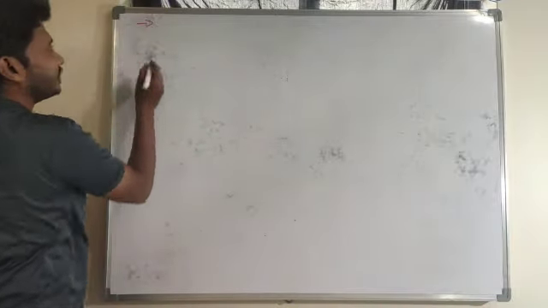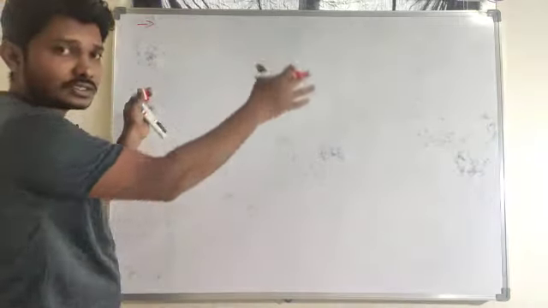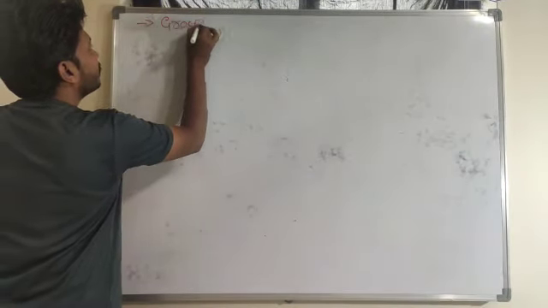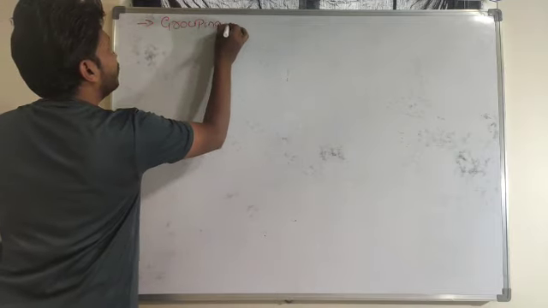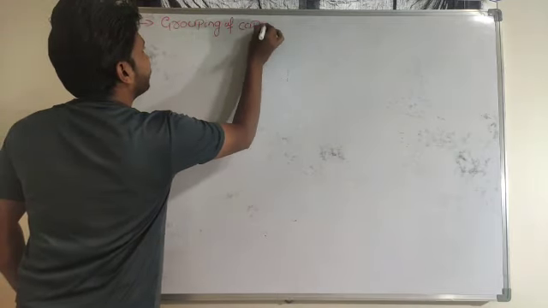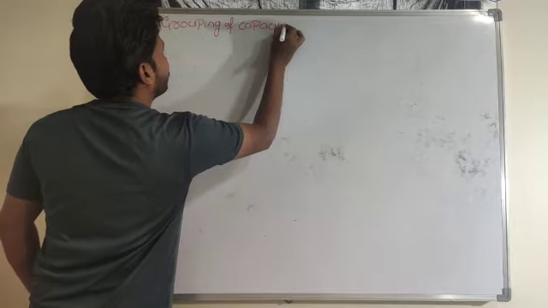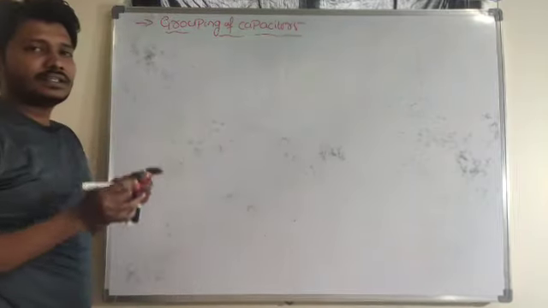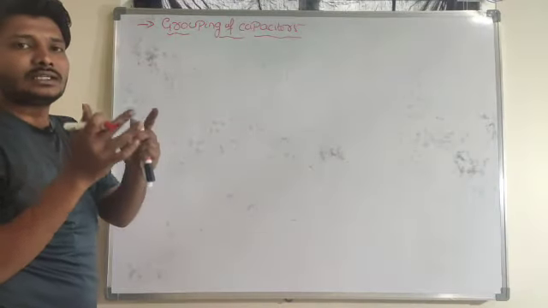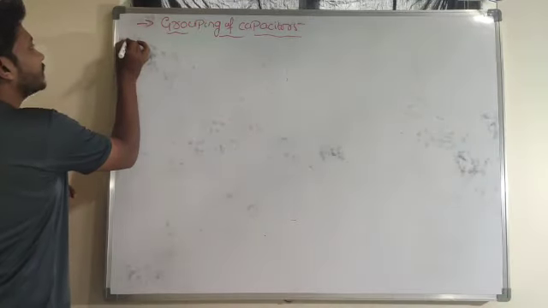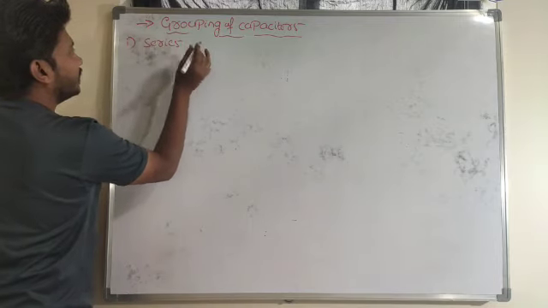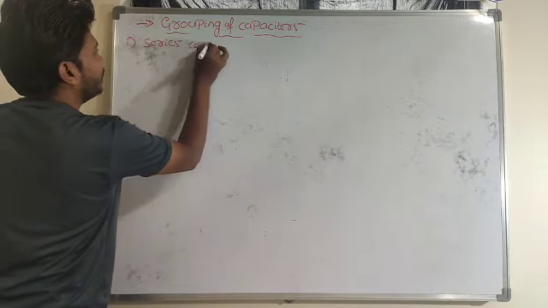For theory as well as competitive examinations, this aspect is very important. In grouping of capacitors, I will take series grouping as well as parallel grouping. First, I would like to understand series combination.